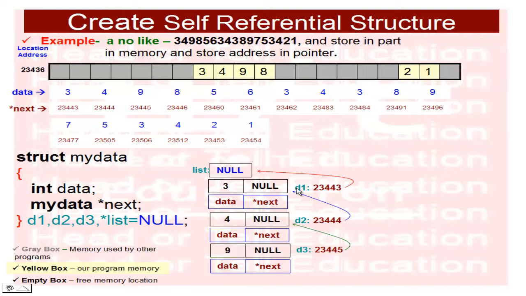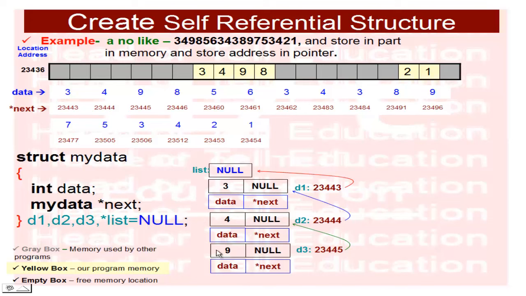So d1, d2, d3 are these three variables, and the addresses are 23443, 23444, 23445. This is the address. Now what happens if I assign d1's value? d1 has data 3, and I assign null to the next pointer. Same for d2, data 4 and assign null.